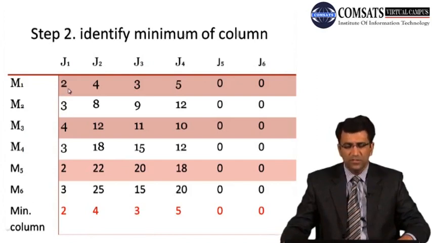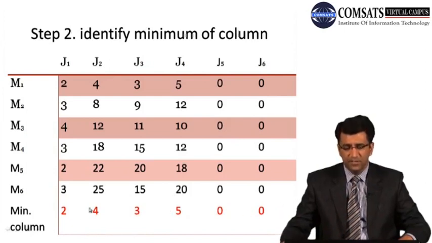You can see in the first column the minimum value is 2. In the second column, the minimum value is 4. In the third column, it is 3. In the fourth column, it is 4. In the fifth column, it is 0. In the sixth column, it is 0.